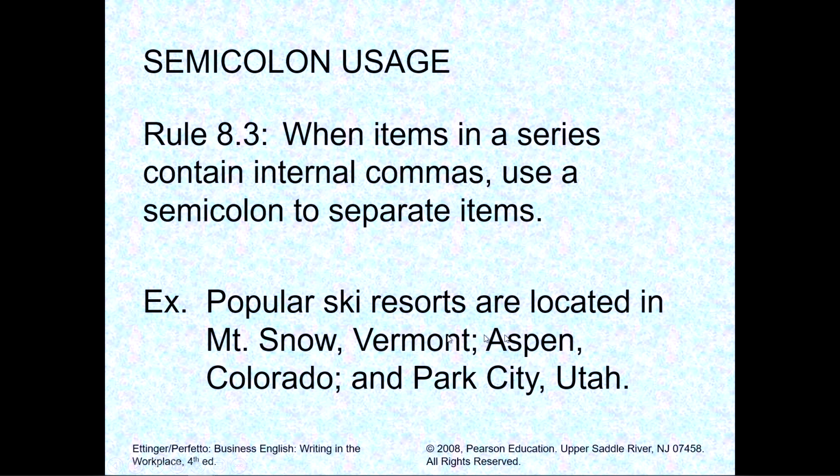So this distinguishes that these are together, and these are together. It's not a colon that goes here, right? It's a semicolon because this is not a list, so we'll talk about the colon afterwards, right? So: popular ski resorts are located in Mount Snow, Vermont; Aspen, Colorado; and Park City, Utah, okay? A little tougher one to remember, no doubt.